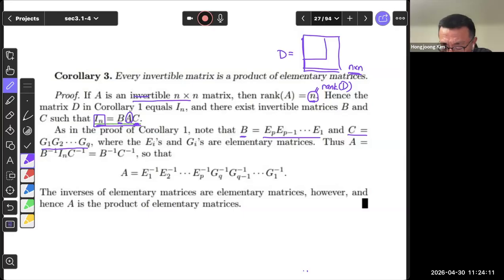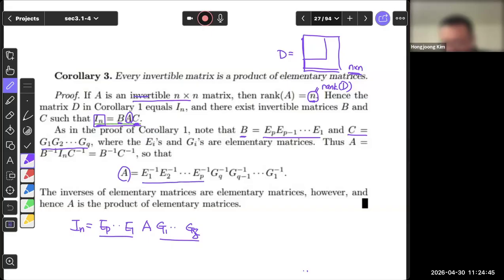So that means, given I sub n, when I multiply E sub p up to E sub 1, A, and G sub 1 up to G sub q, you get the identity matrix. And please note that E1 up to Ep and G1 up to Gq are all invertible.